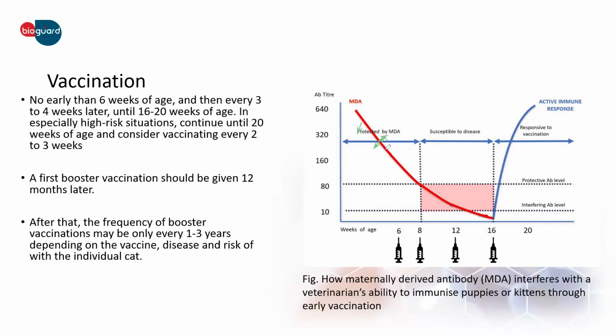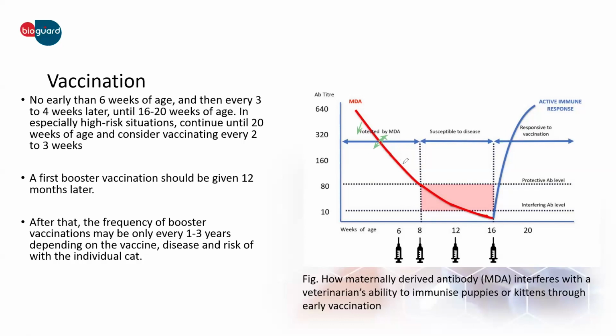although it cannot fully protect the kitten from FPV infection, it still has the ability to interfere with the vaccination, because those antibodies will react with the vaccine virus and kill it.